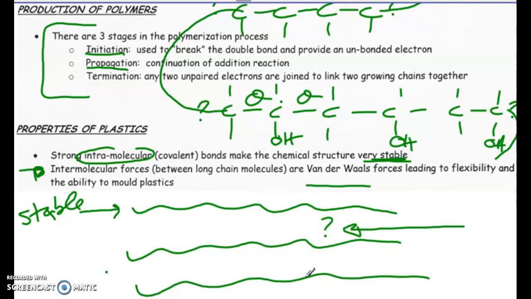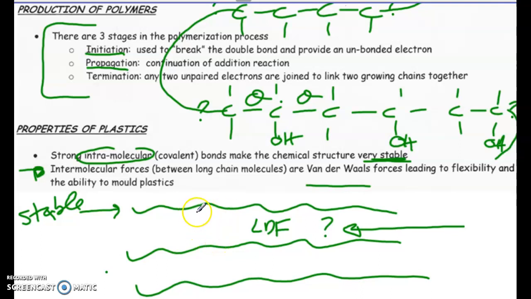But it's the forces between the different polymer chains that will determine its flexibility or its strength. So if you have only LDF happening here, that means you have an incredibly moldable plastic that's very easy to use because you have not really strong connection between the different molecules. So you're able to move them around easier.